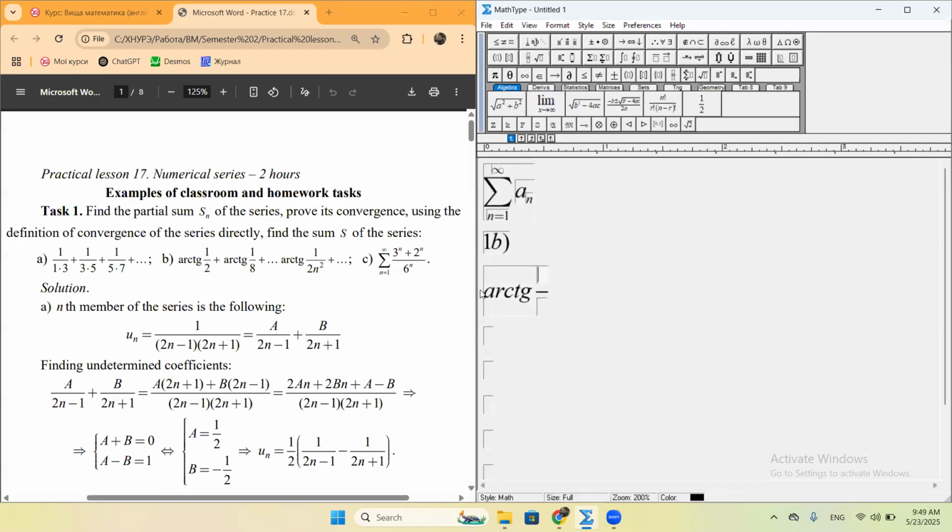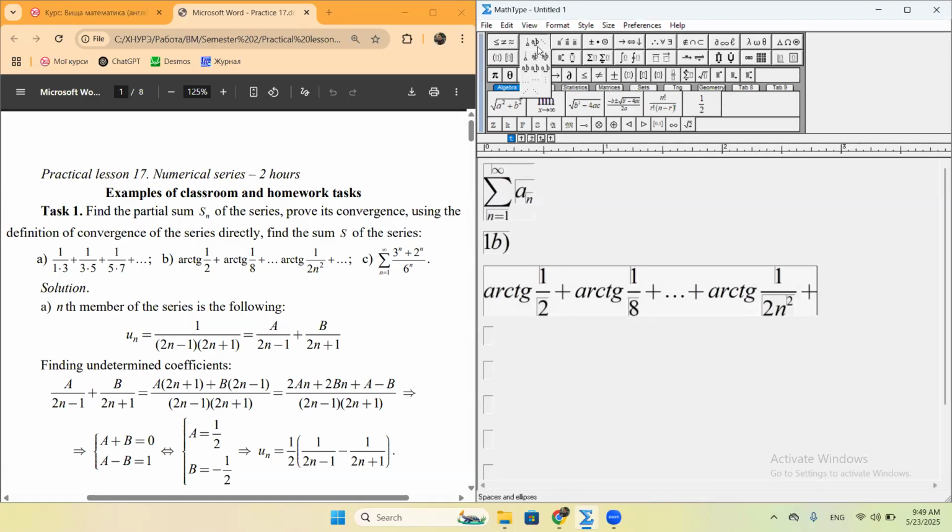Arctangent of 1 over 2 plus arctangent of 1 over 8, and continuing, plus arctangent of 1 over 2n squared. And this sum, of course, is infinite.